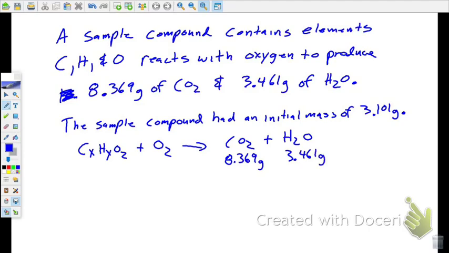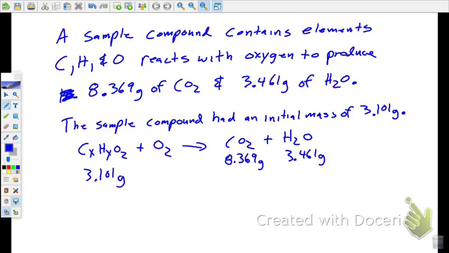If you notice, the amount that we start out with is 3.101 grams. So you're like, well, I don't know how that works. You're producing a lot of CO2 and we got only 3 grams on the left side.